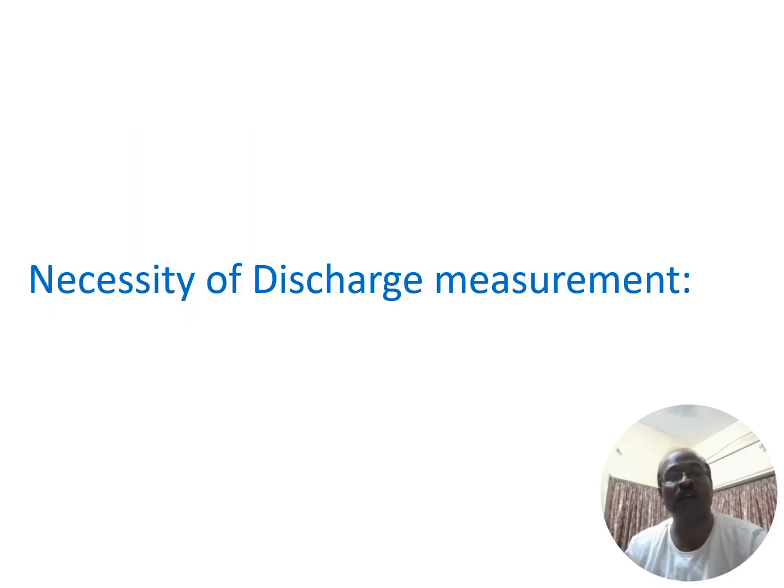Another one is the necessity of discharge measurement. This is very important. We should know the importance of discharge measurements in a particular stream at a particular point. By measuring the discharge in a river, irrigation water can be distributed uniformly.